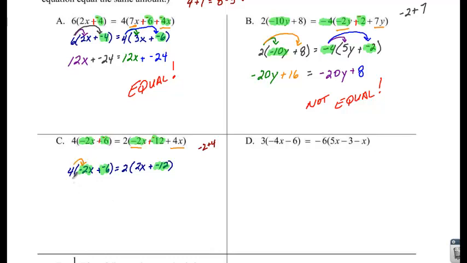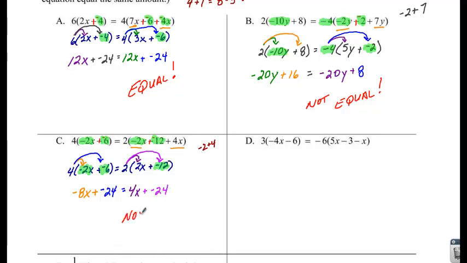All right. 4 times negative 2x, negative 8x, plus, everything in my problem is addition, so that's easy, plus 4 times negative 6, negative 24, equals 2 times 2x, 4x. And finally, 2 times negative 12, so plus negative 24.